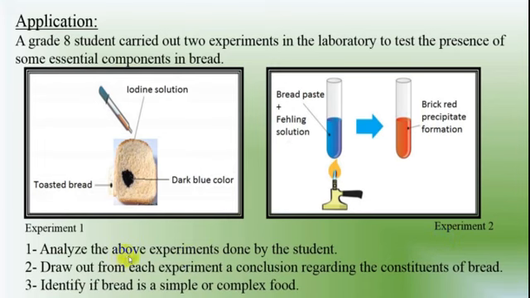You have to analyze the above experiments done by the student. 2. Draw out from each experiment a conclusion regarding the constituents of bread. 3. Identify if bread is a simple or a complex food. Take a few minutes and start solving.